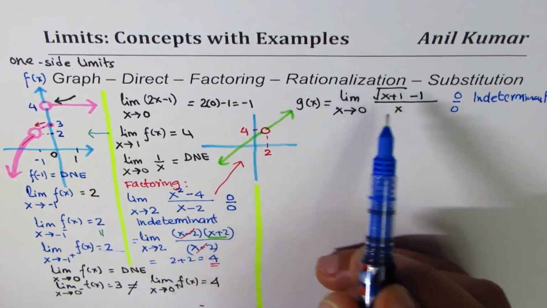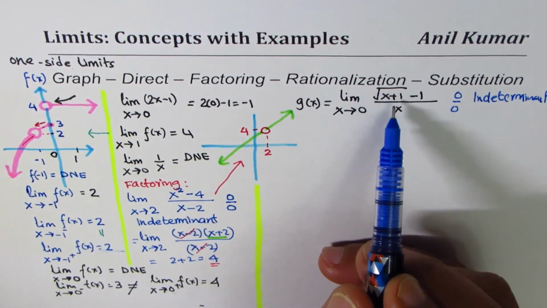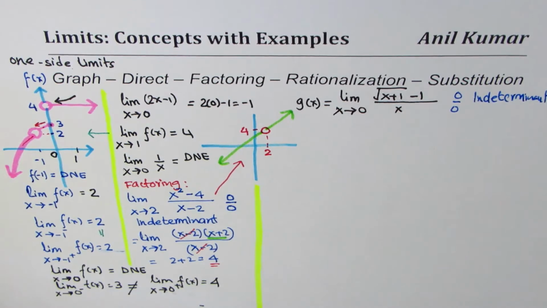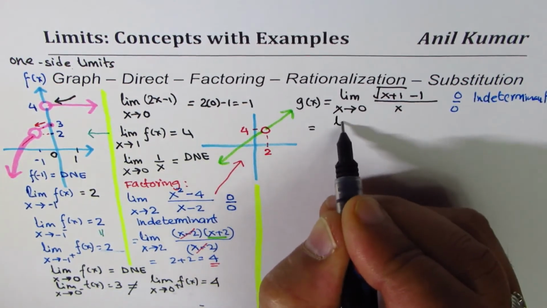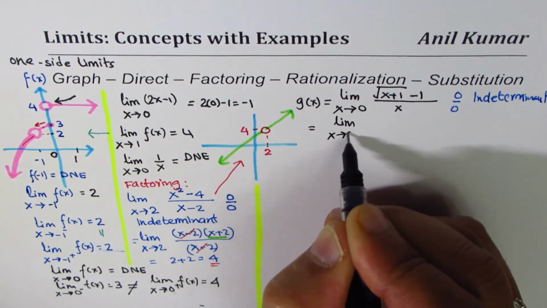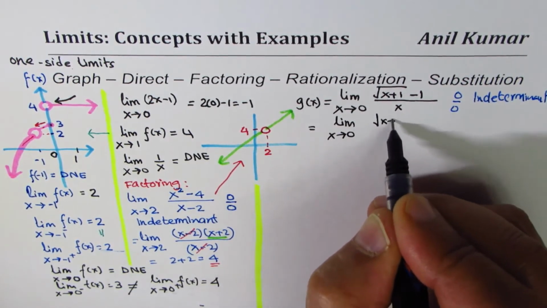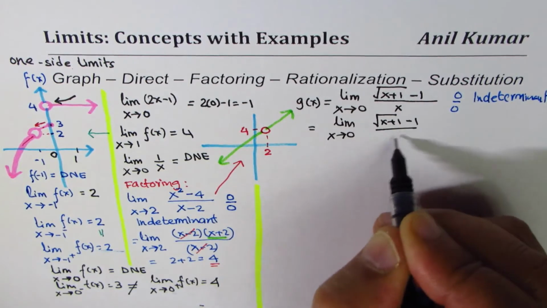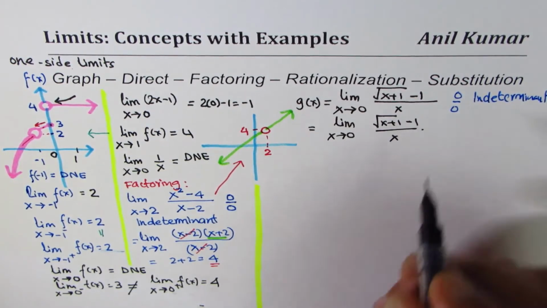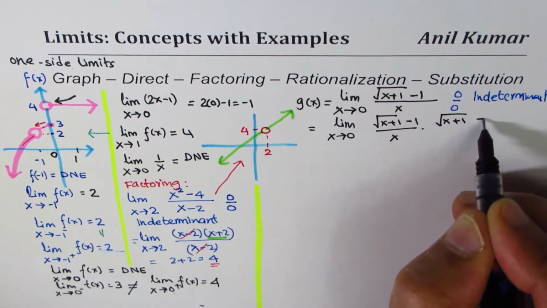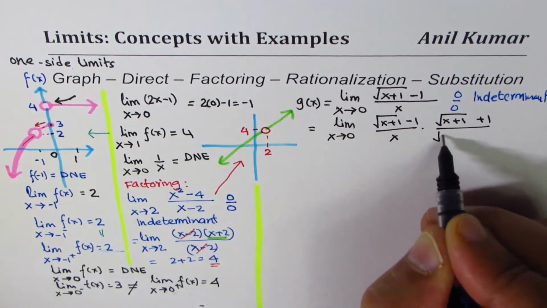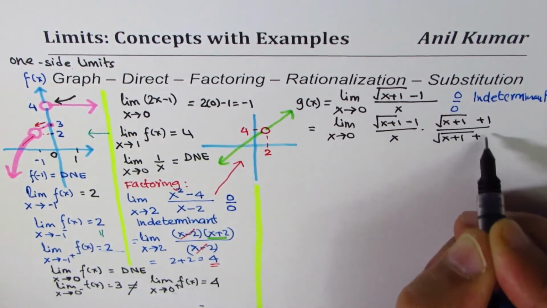Rationalization is done when we have square root functions. Remember that. So let's rationalize and find the limit. So we could continue with this and say limit x approaches 0. The function is square root of x plus 1 minus 1 over x. We'll rationalize the numerator by multiplying and dividing by its conjugate, which is square root of x plus 1 plus 1, right?